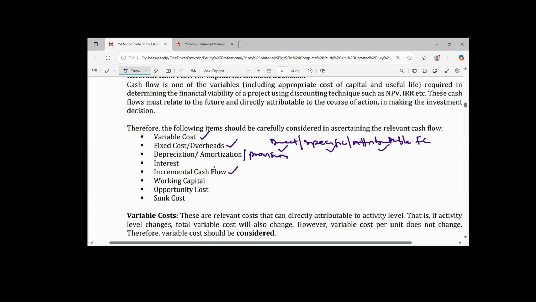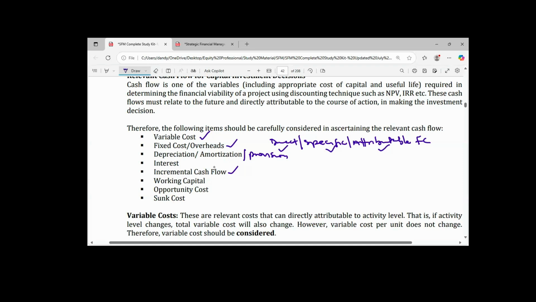These are notional costs that do not involve movement of cash, which means that anywhere in a question you see depreciation, amortization, or provision, they are not cash flow, they are notional costs, therefore they should be ignored. They are irrelevant. Depreciation, amortization, and provision are irrelevant and should not be considered, because they are not cash items.